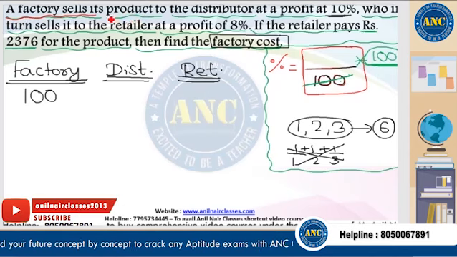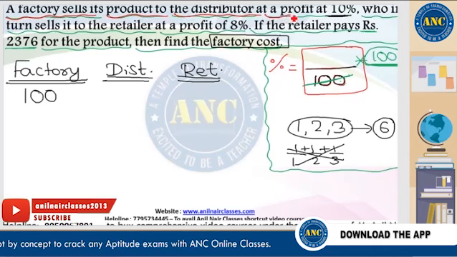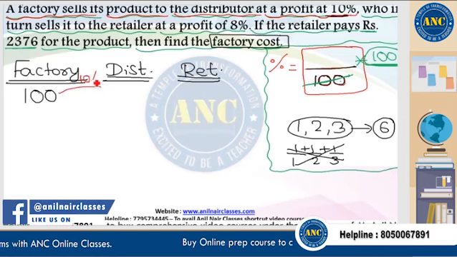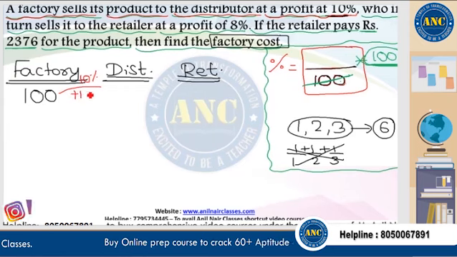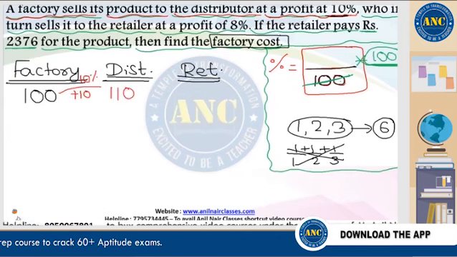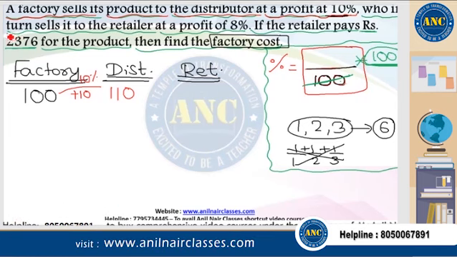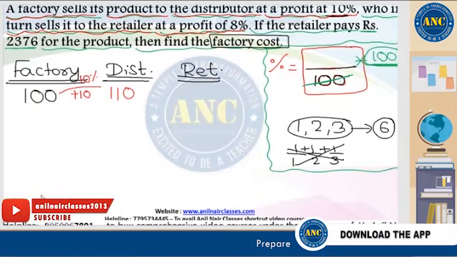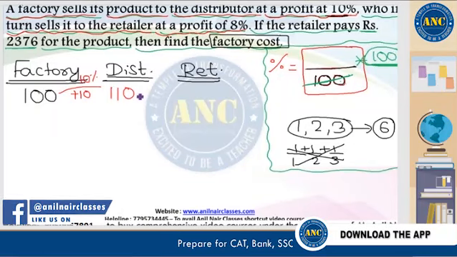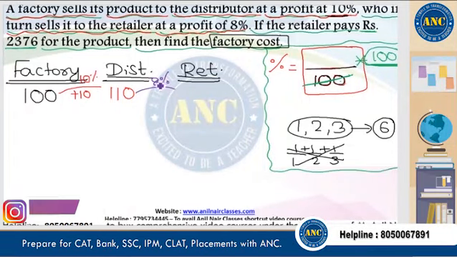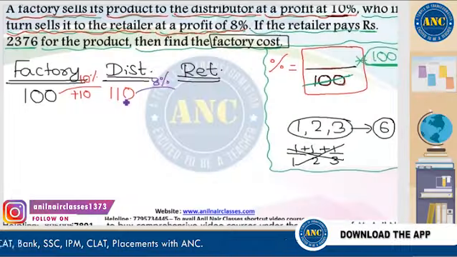A factory sells its product to the distributor at a profit of 10%. 10% of 100 is 10 rupees extra, so the distributor purchases it at 110 rupees. Now continue: who in turn sells it to the retailer at a profit of 8%. Forget about 8%, what is 1%?